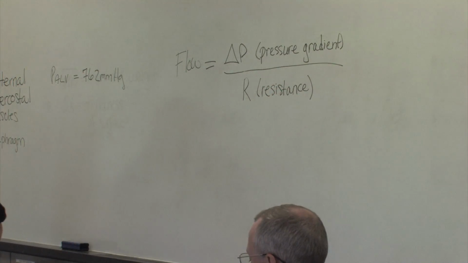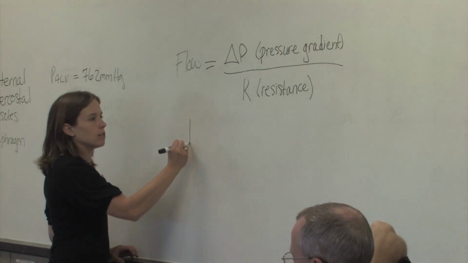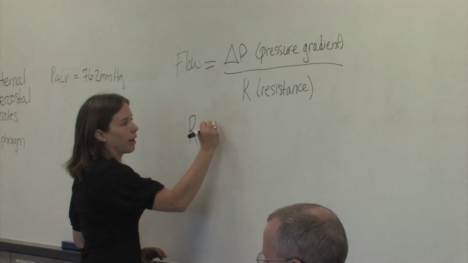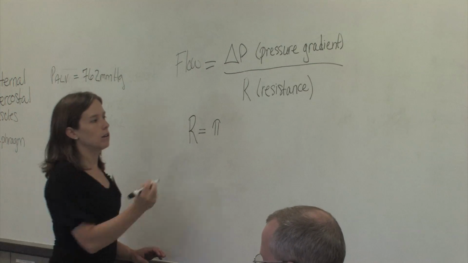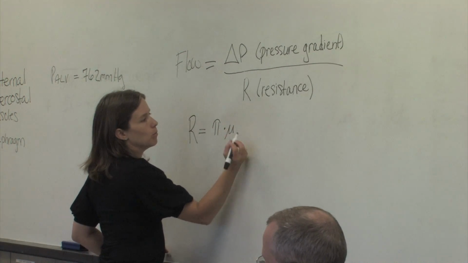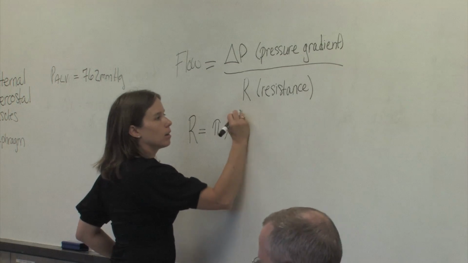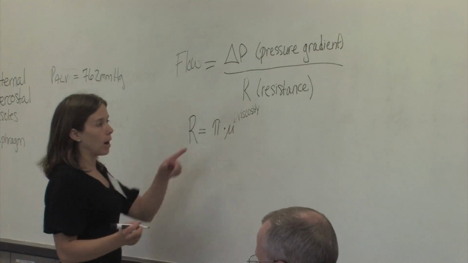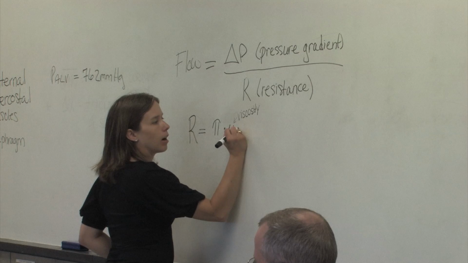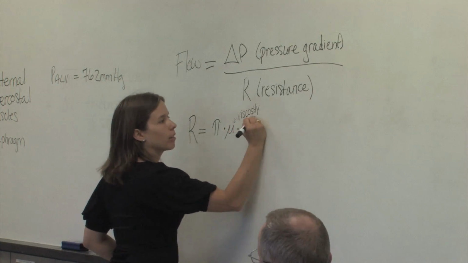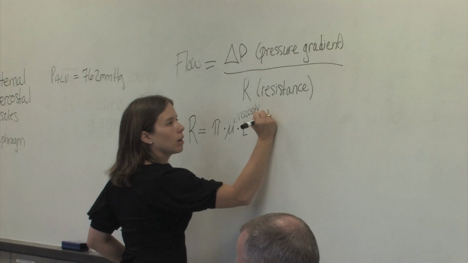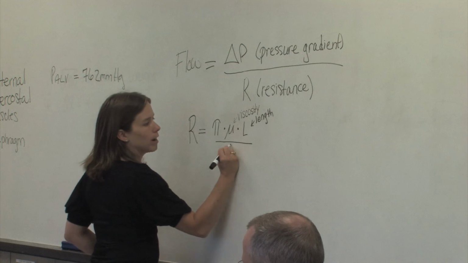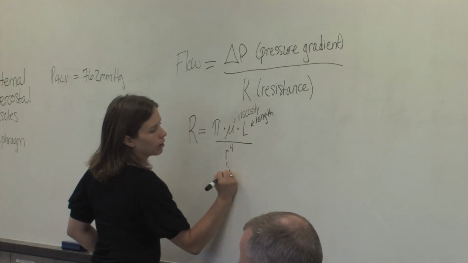Okay. When we talk about resistance, big R, it's equal to 8 times pi times mu, which in this case is viscosity, times L, which is length, divided by small r raised to the fourth, and this small r is radius.